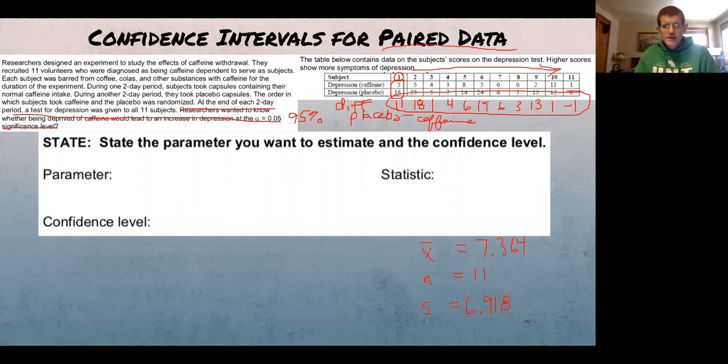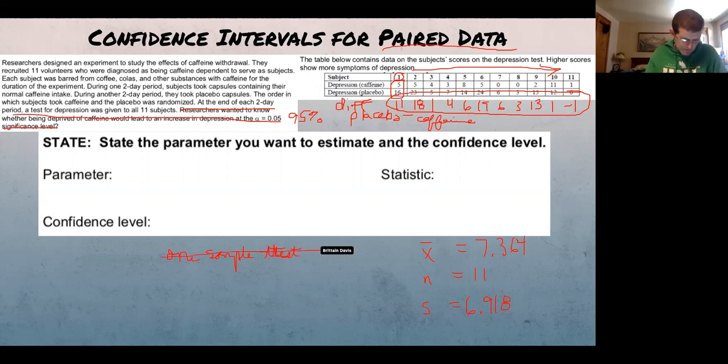Okay. So we only now have one sample really that we're dealing with, which is the differences for each subject. It's one sample. So this is going to be very similar to a one sample t-test. It's going to be very similar to it, but it's not that exactly.